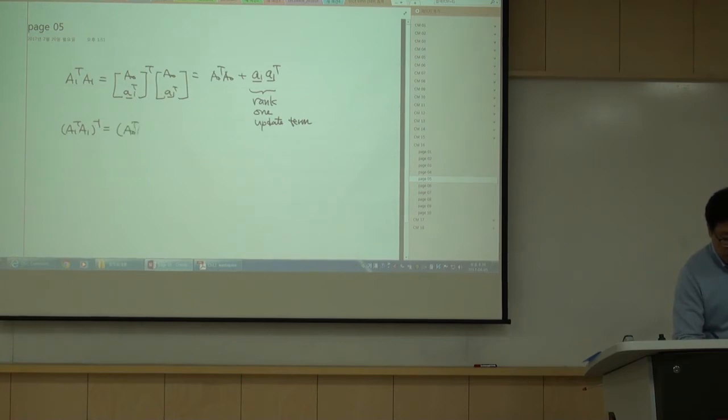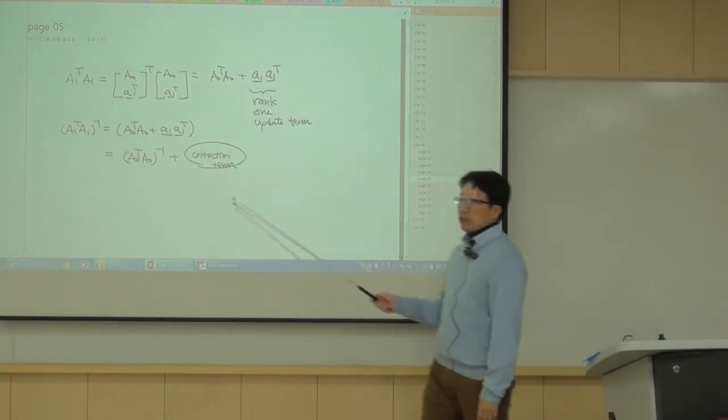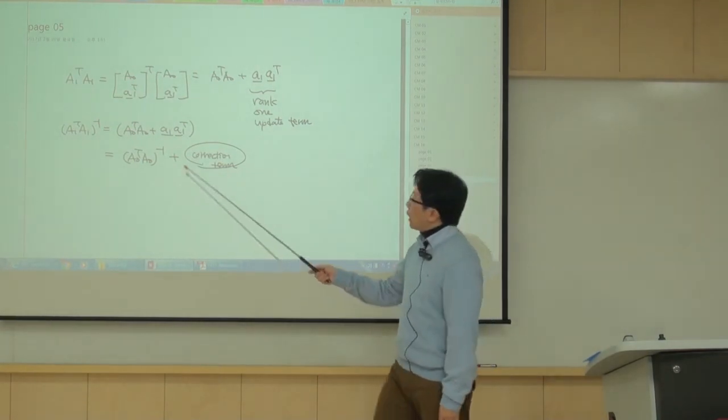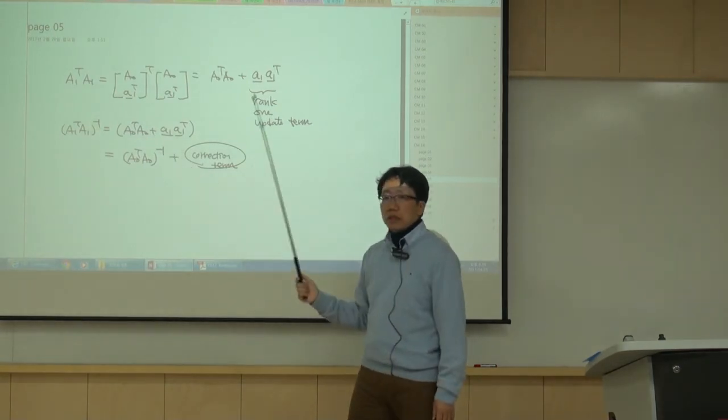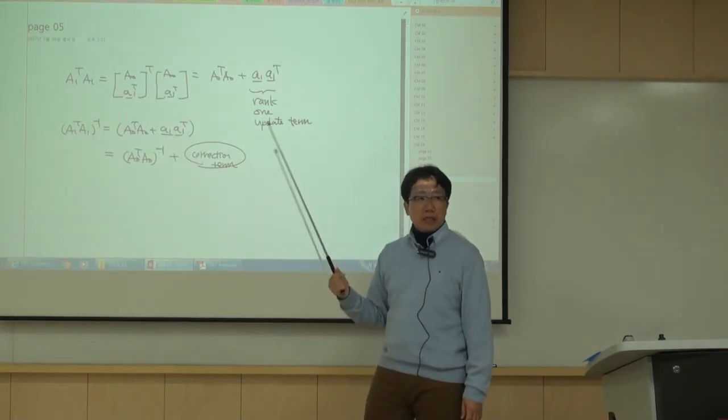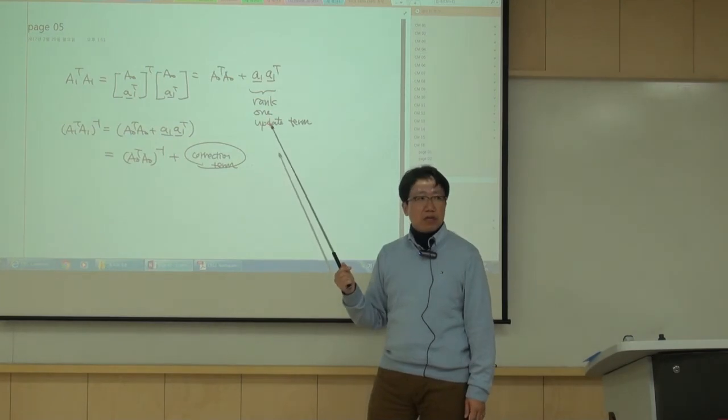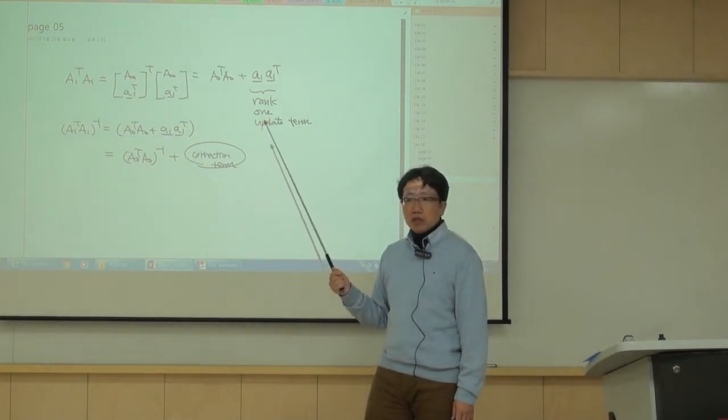So we put this and hope to have this inverse plus some correction term. Then it would be great, right? How can you get some correction term that makes this equality? Actually, we've already seen it. Matrix inversion lemma or Sherman-Morrison formula.